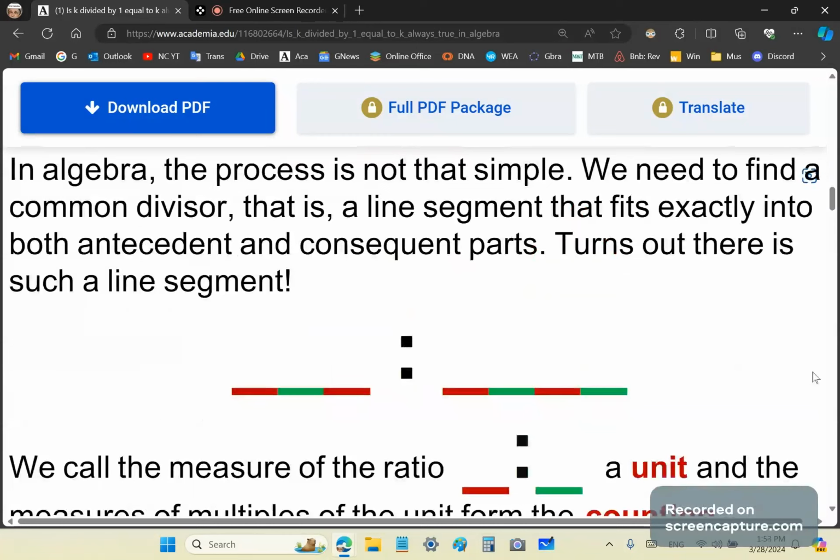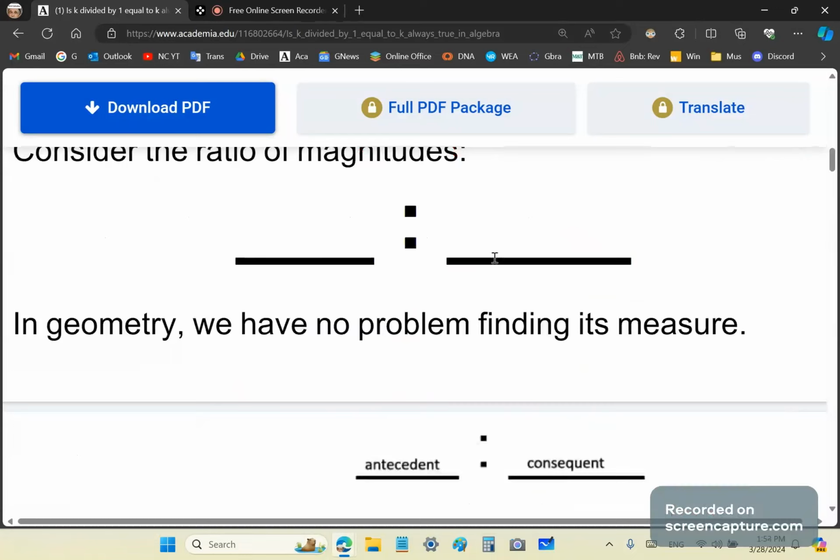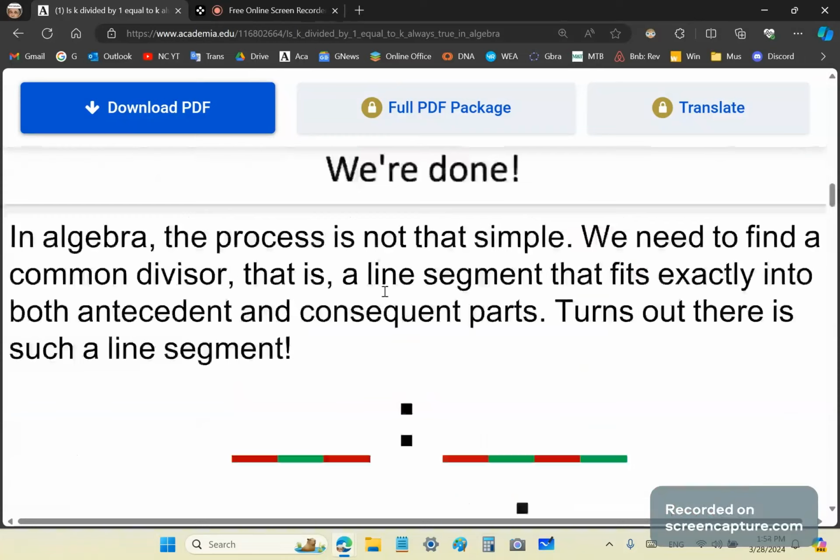And by the way, the word measure appears in the Elements hundreds of times. So we need to find a line segment that fits exactly into both the antecedent, this part, and the consequent, this part, okay? It must fit exactly. There must be no remainder. It must measure it out without any remainder.